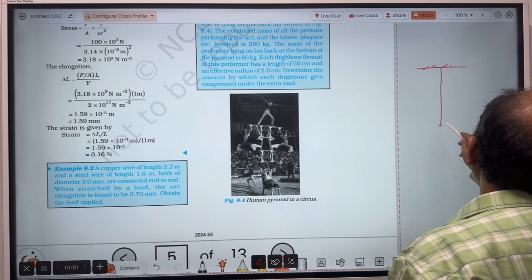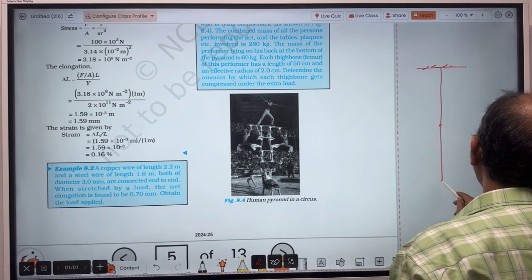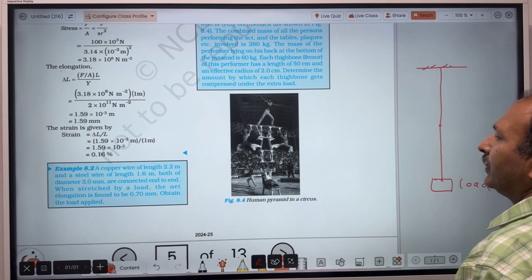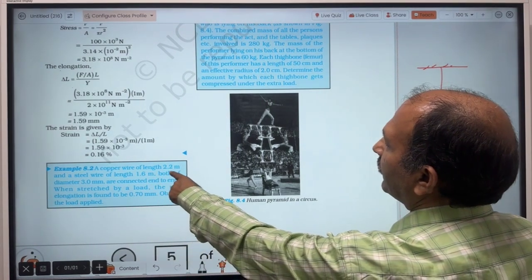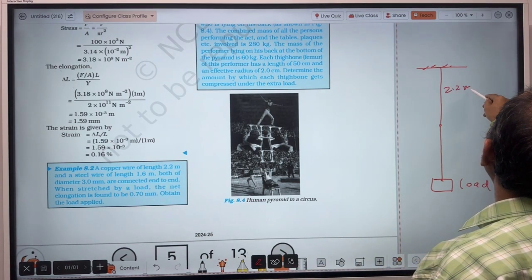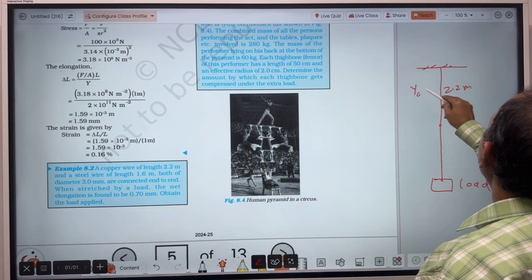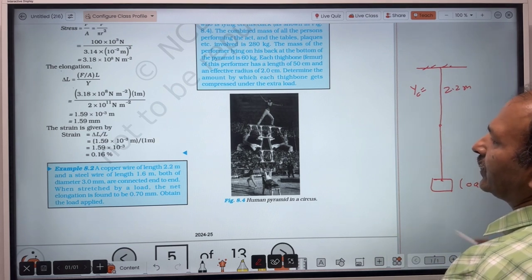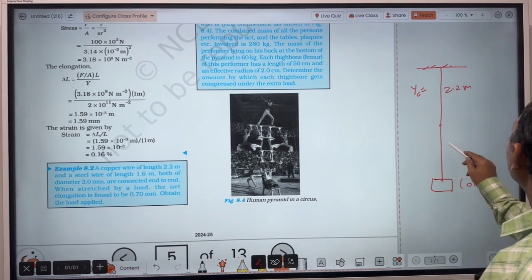Suppose there are two wires. Here there is load. A copper wire of 2.2 meter. Young's modulus of copper will be given; we can use it from the table. And then next, 1.6 meter of steel wire.